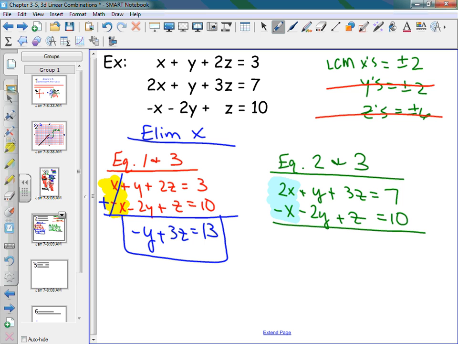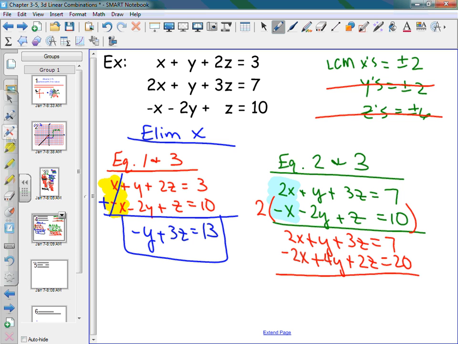So do I already have a 2x? And what do I need my bottom equation to turn into? So what am I going to multiply that bottom equation by? The 2. So I bring down my top equation because I'm not messing with it. If it's not broke, don't fix it. And I'm going to distribute the bottom one. So negative 2x plus 4y plus 2z is equal to 20. And now what do I do?